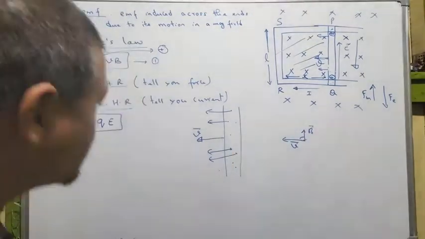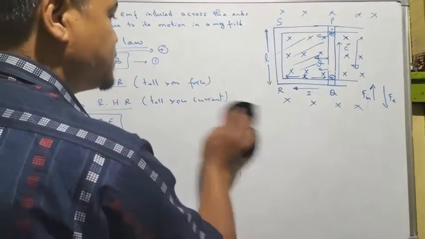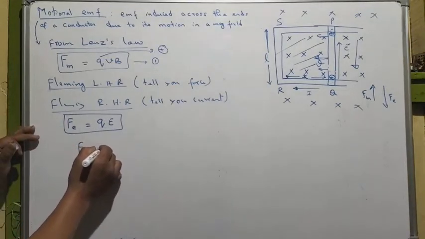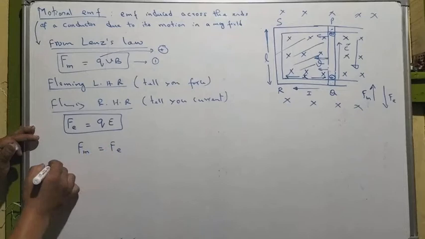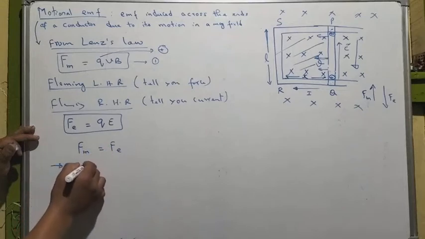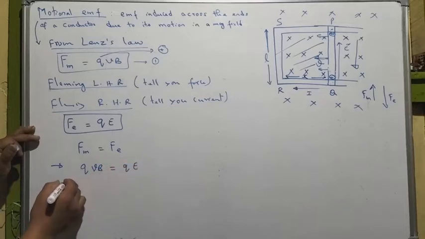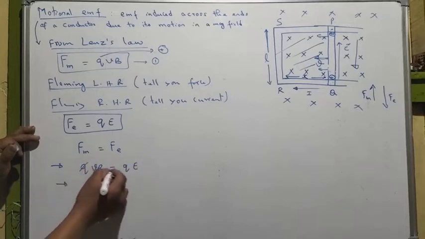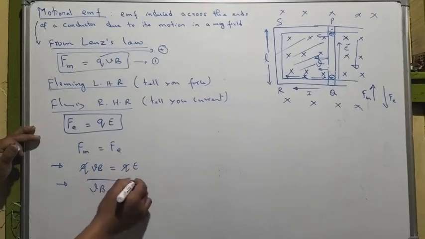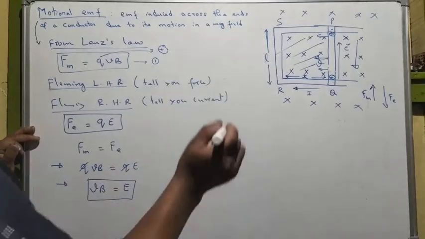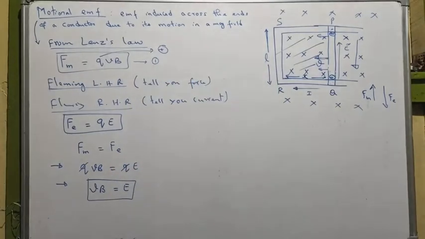All right, which means at equilibrium you will have Fm equals Fe, or I can say QvB equals QE, or the Q with Q cancel, so just vB equals E. Alright, so what is B? Magnetic field. What is E? Electric field.